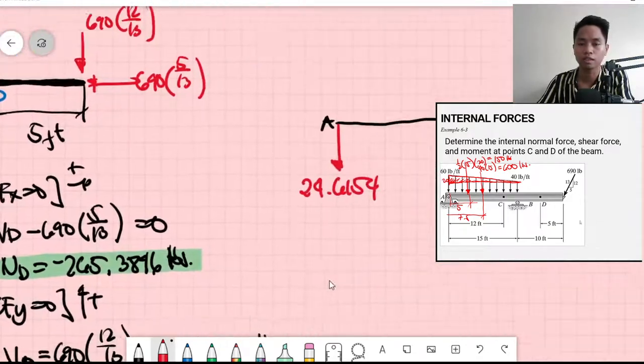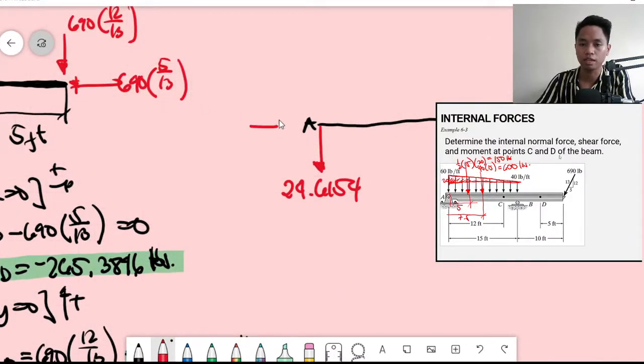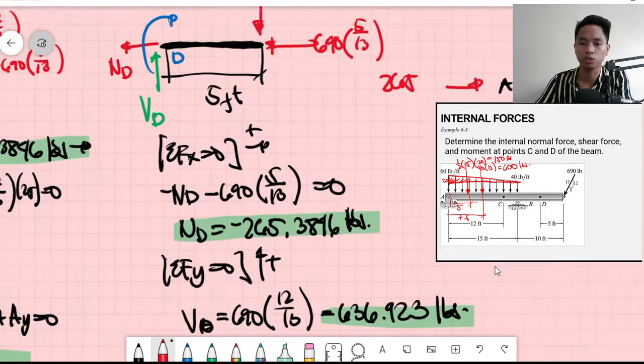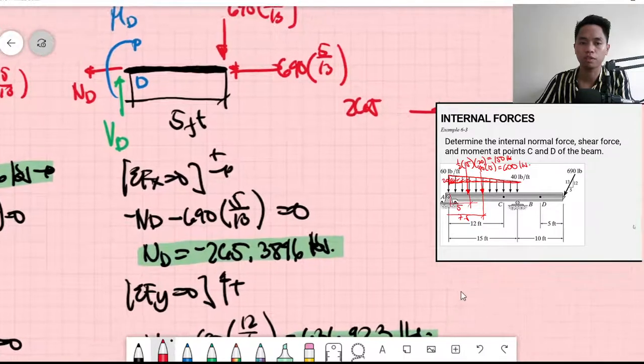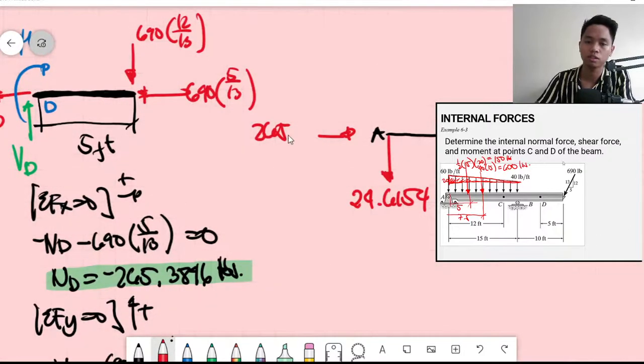To the right. That is AX to the right, which is 265.385. All the units are in pounds.